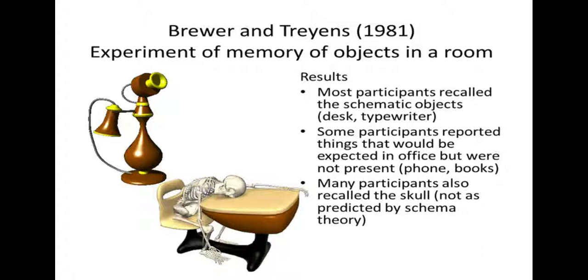So you'd expect those to be in an academic's office, but they had obviously been removed on purpose. Many participants also recalled the skull. Now that doesn't fit in to schema theory, but it's probably because it was so unexpected that it took people's attention.